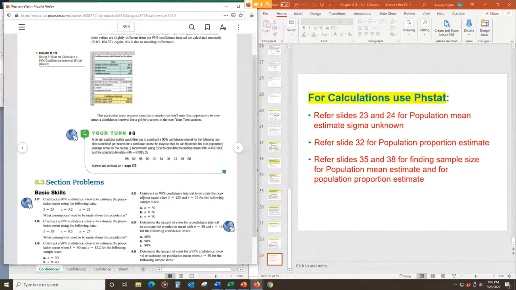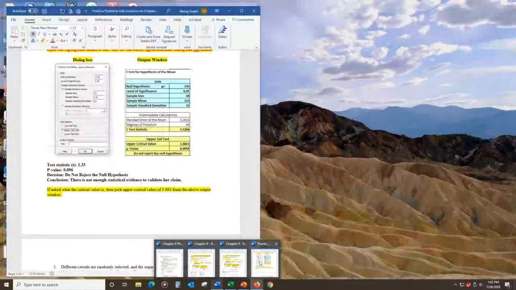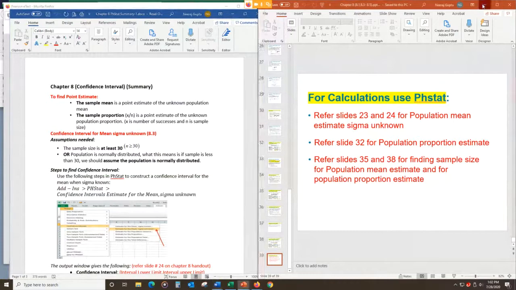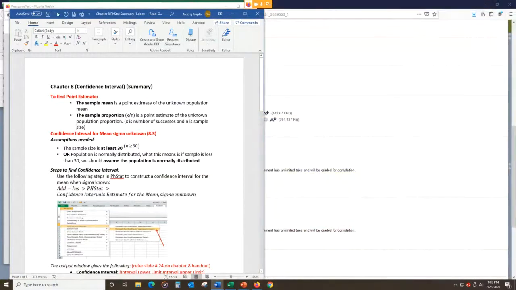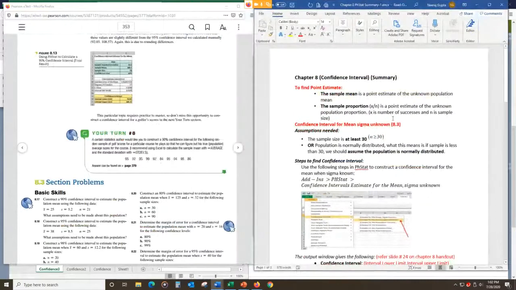Okay, so let's take an example, and let me open my chapter 8 summary as well, so that I can show you. This is the chapter 8 summary, which I have posted on Blackboard.